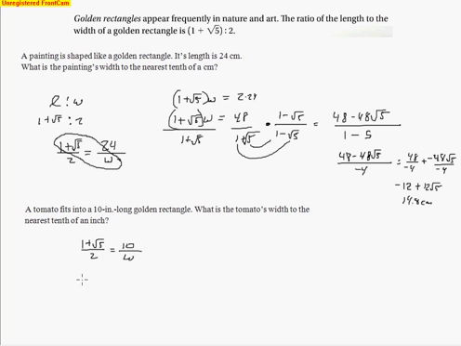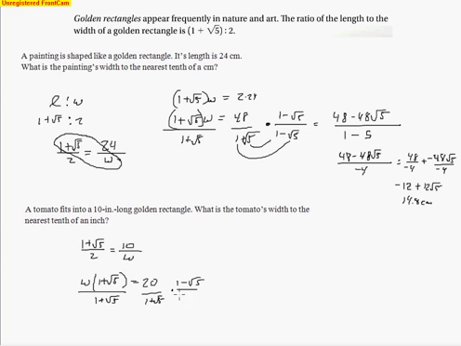Cross multiplying here gives me W plus W square roots of 5. So actually I'm going to just write that as W times 1 plus the square root of 5 equals 20. So I'm dividing by 1 plus the square root of 5 on both sides. And then I'll go ahead and rationalize that denominator to practice that skill.